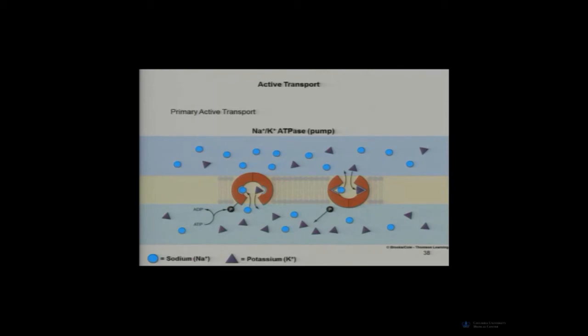Okay? In one go around, it kicks out 3 sodiums and pulls in 2 potassiums. And both of those ions are moving against the gradient. Okay? So this pump is absolutely critical for maintaining the ion concentration gradients between inside and out of sodium and potassium. Okay?